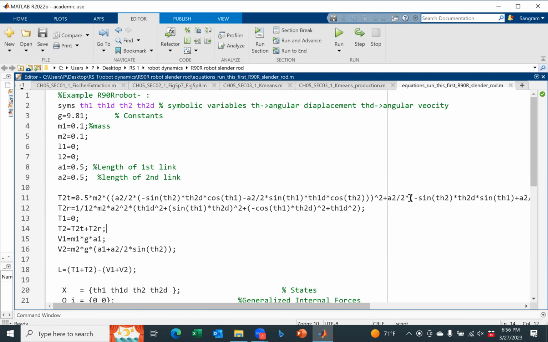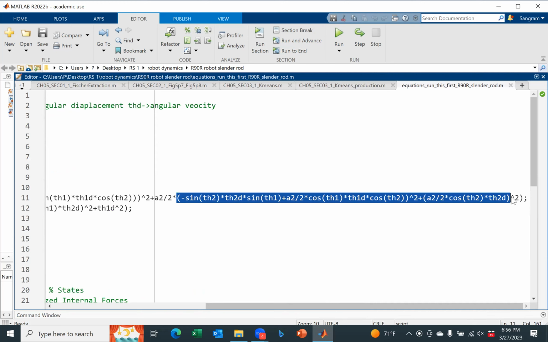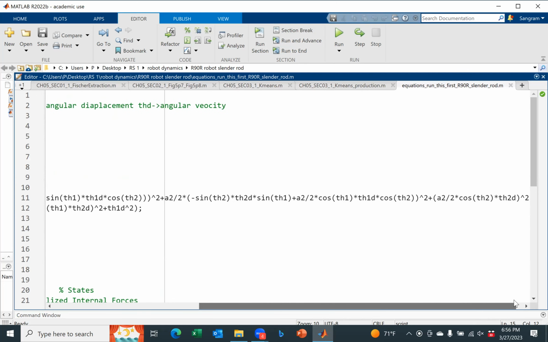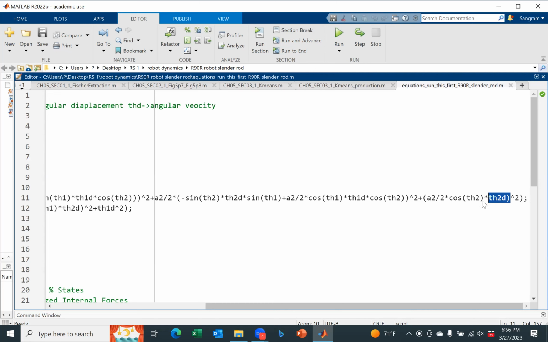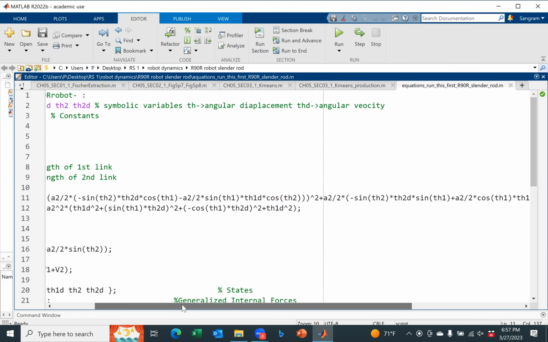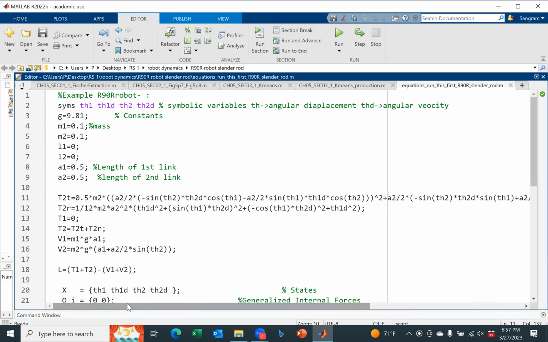So we have M2 times Vx square, Vy square, Vz square, multiplied by half.